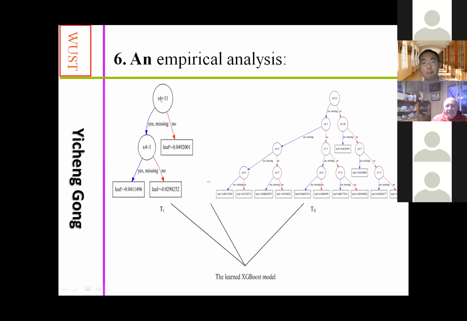If x6 is less than 11, then we determine the value by the next splitting feature x4. If x6 is greater than 11, and so on.